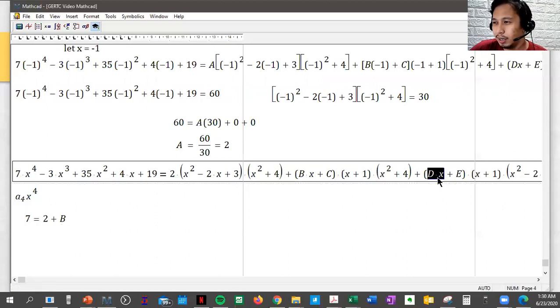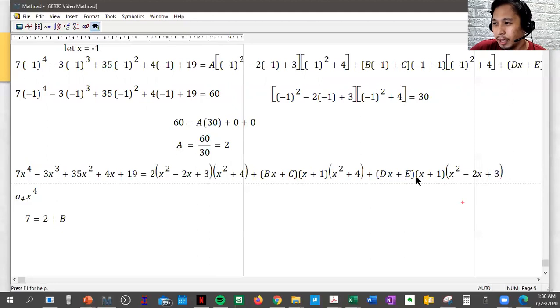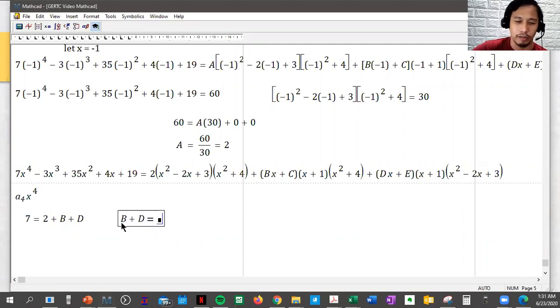We can see dito, dx times x squared. So that will become dx to the fourth, no? So that's also a quartic term. So d. So this 7 must equal 2 plus b plus d. Or we can simplify that to b plus d is equal to 5. Okay, that's the first equation.